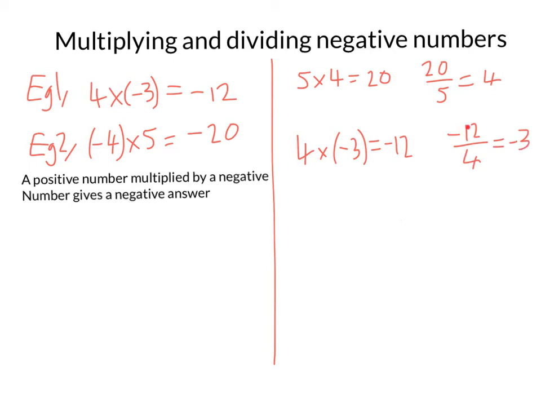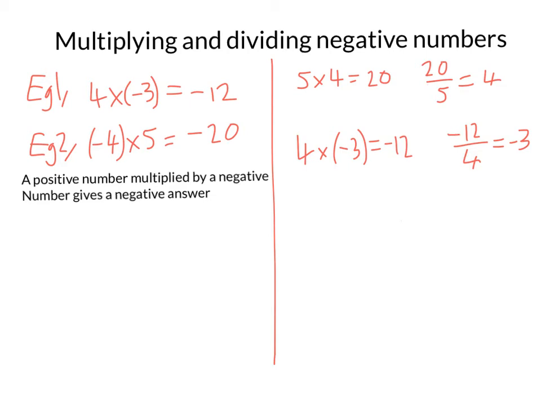So here you can see, let's say the temperature is negative 12. If you divide it by 4, it's 4 times smaller. The temperature would then be negative 3. Or let's say negative 12 could be you being in debt £12. And if you divide it by 4, we share the debt between 4 people, then each person would have a debt of £3. If 4 people have a debt of £3 each, that's a debt of £12.